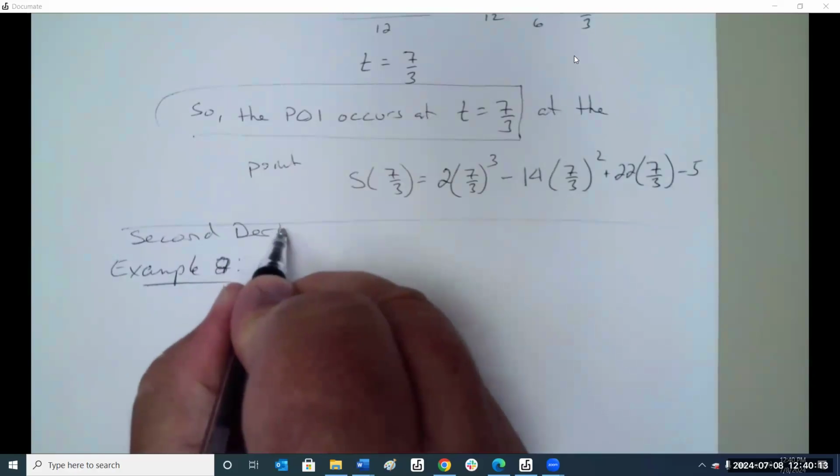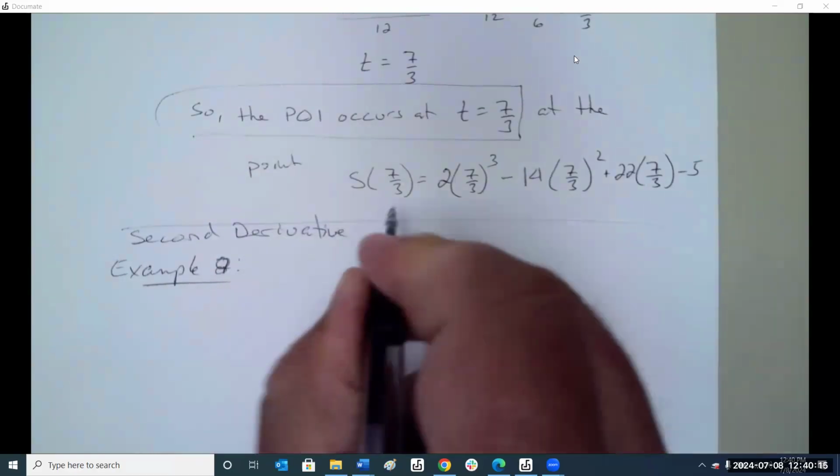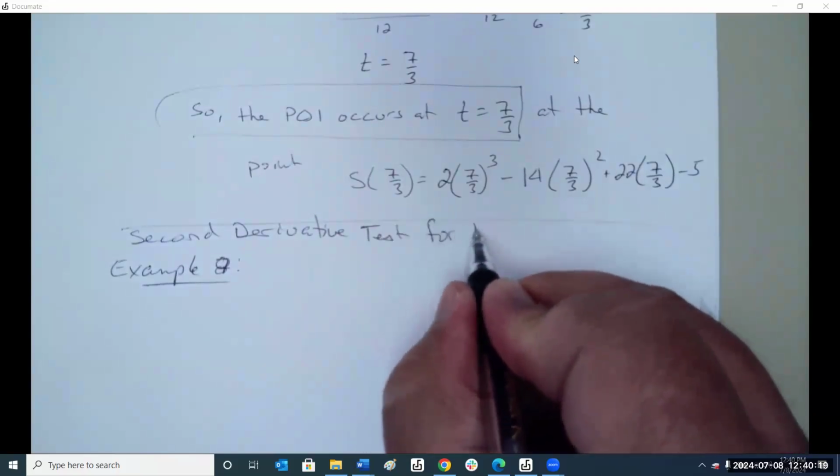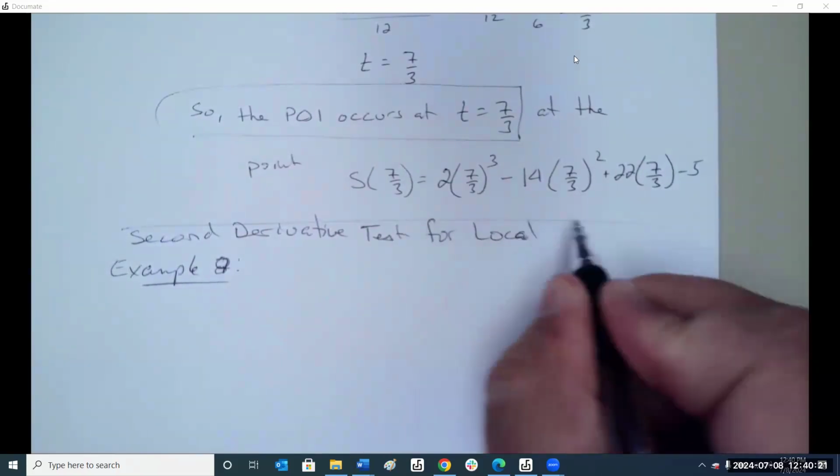Second derivative test for local extrema.